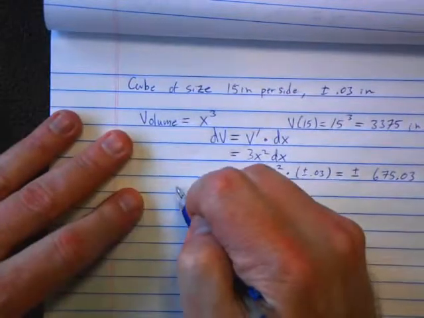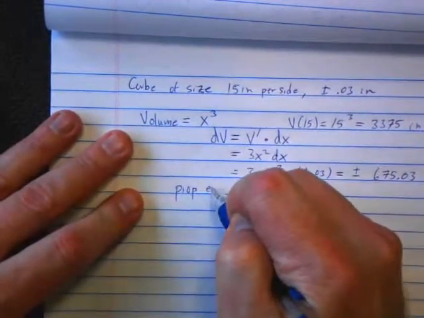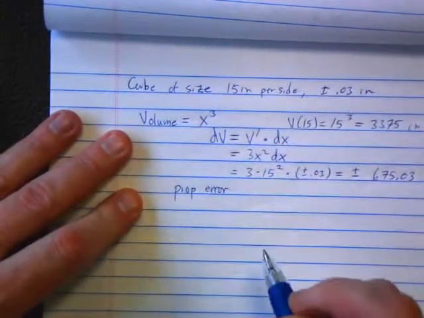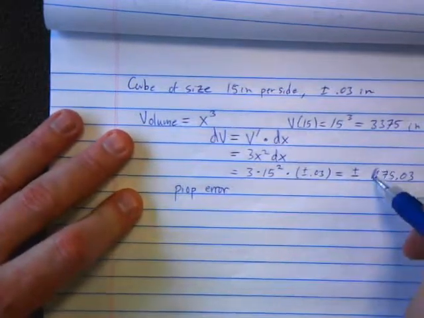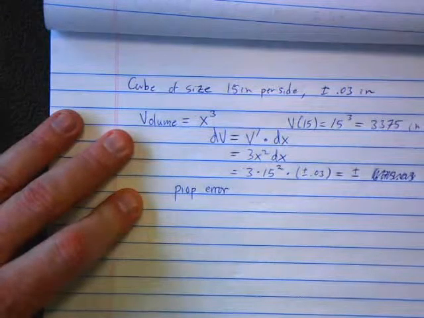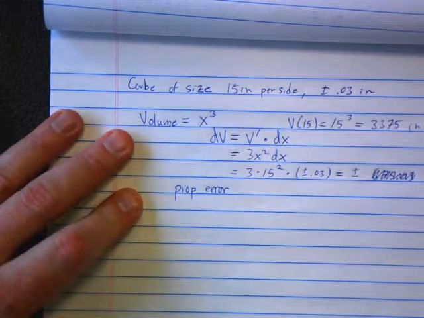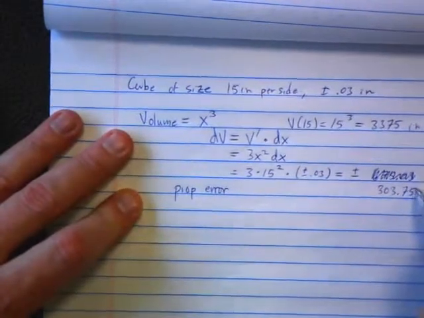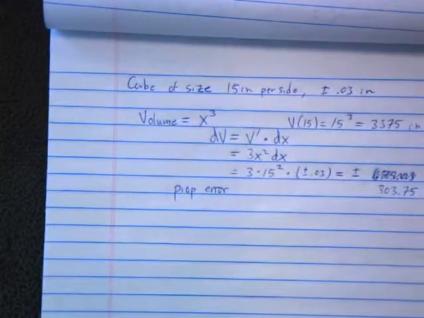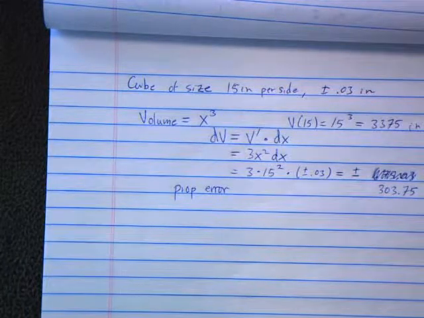All right, so our propagated error. Yeah, I see you did plus 0.03 instead of times 0.03.